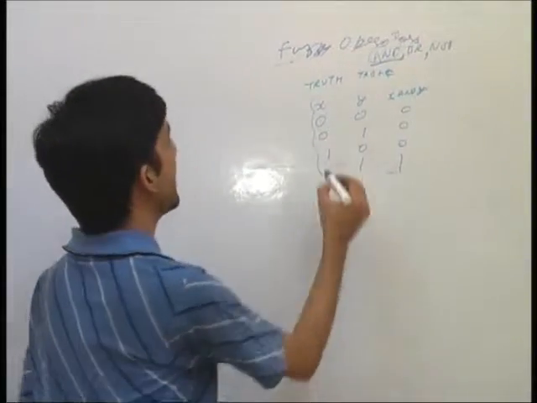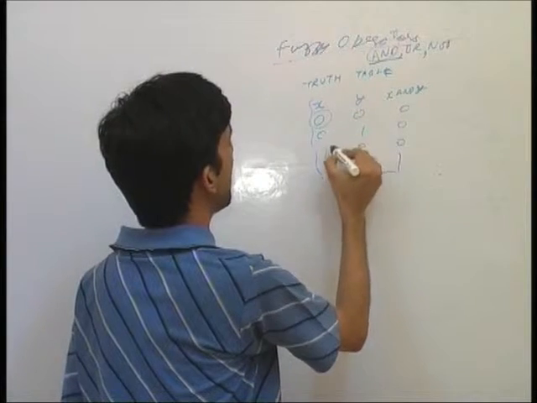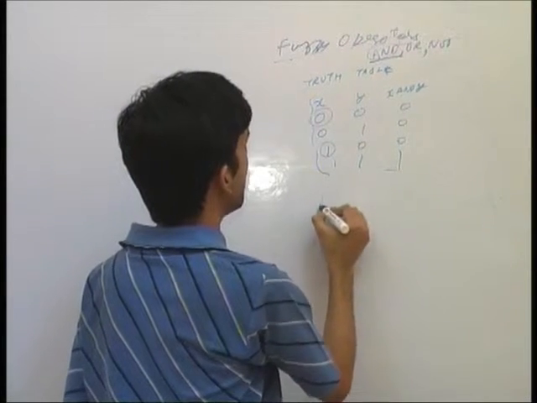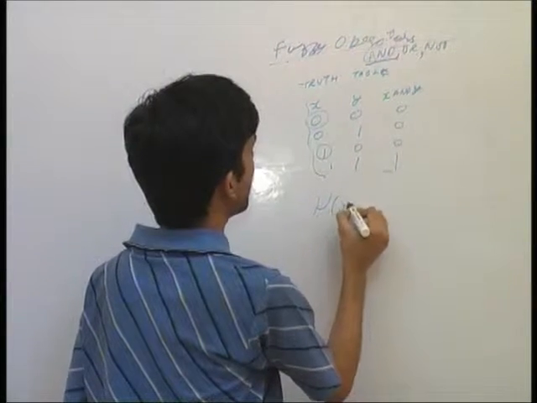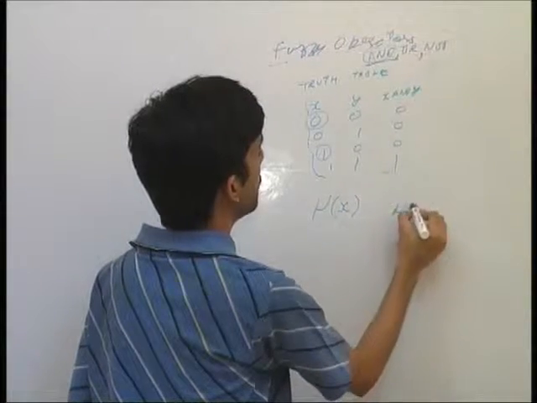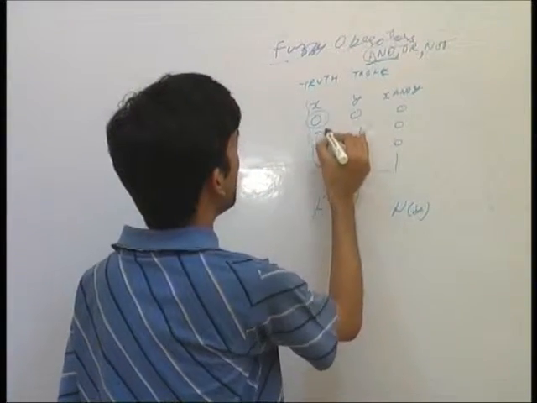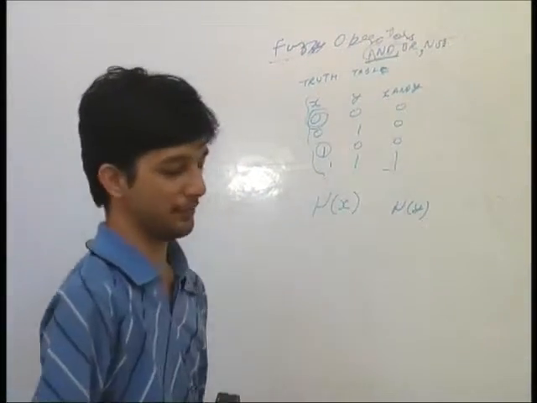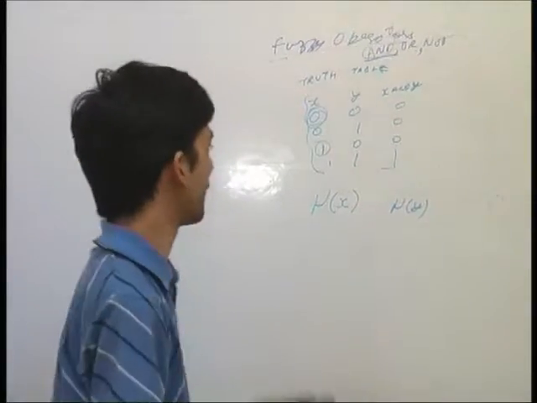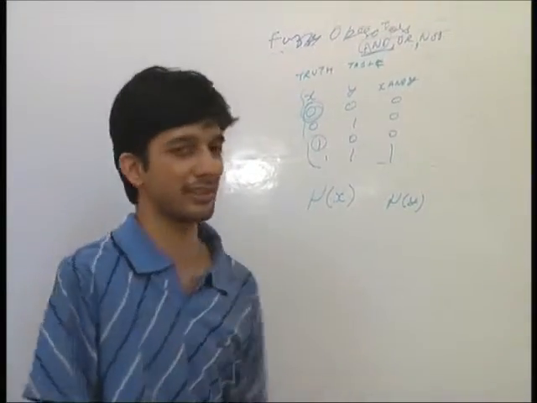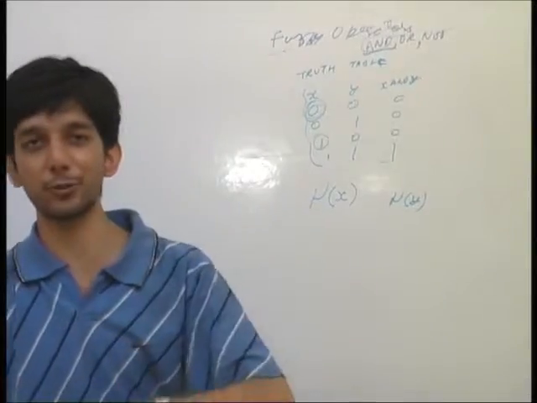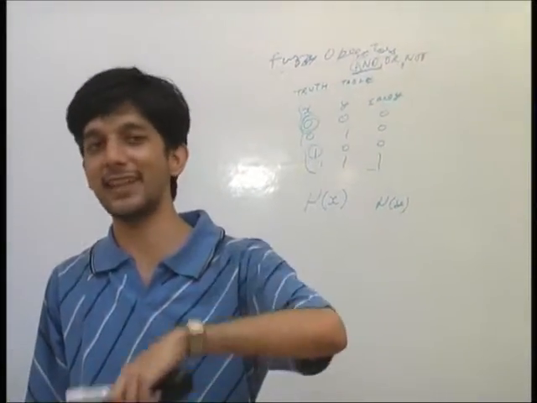What I mean is that here there will not be any 0, there will not be any 1, there will always be a mu x and a mu y. All the zeros and ones will be replaced by mu x or mu y. Mu x can take any value from 0 to 1 and mu y can take any value from 0 to 1.